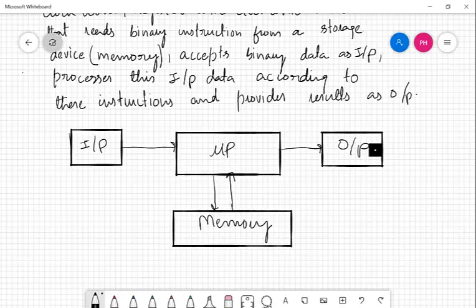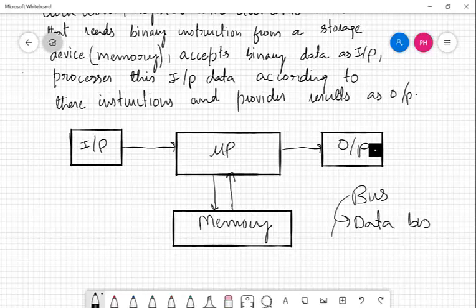Apart from that, we also have buses. Buses are wires through which information is transmitted from memory to processor or input output to processor. And this bus can be of three types. There is the data bus, which is used to transmit data either from memory to microprocessor or processor to memory, or from input to processor or processor to output.